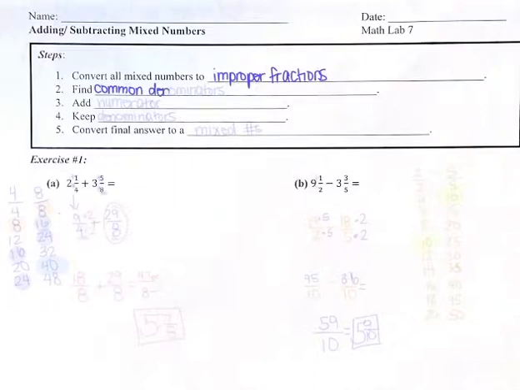That means the bottom numbers of the fractions are the same. Next thing you want to do is add the numerators, or add the numbers on top. Then you want to keep the denominators the same. The denominators are the numbers on the bottom.